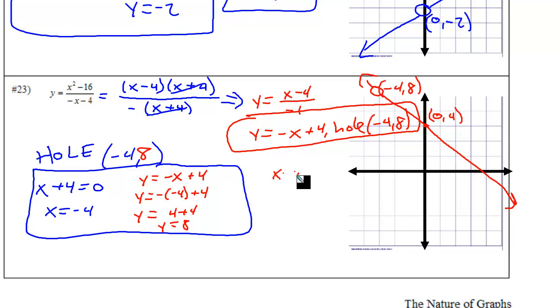The x-intercept we need to find. Put 0 in for y into what's left and get x by itself. So it's 4. Done.